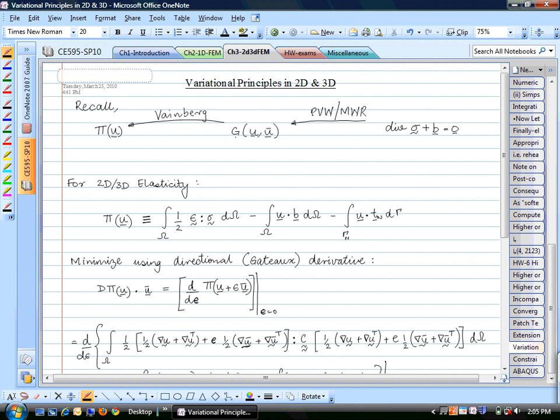How do I go to this weak form? Right. So we need to minimize this. And to minimize this, we used a directional derivative. So once we have this weak form, how do we find out what is the underlying governing equation? How do we do that?